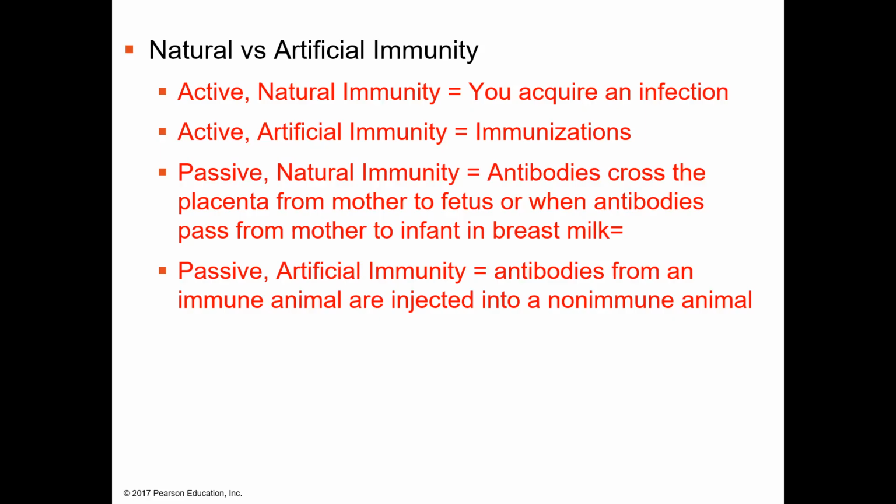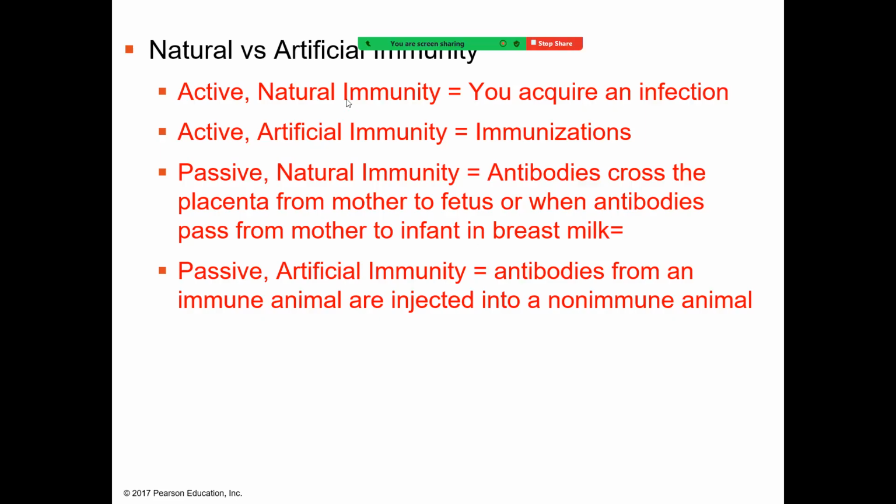This can be done not only by taking antibodies from a person who has been healed or cured or is not sick anymore, but we can also create these monoclonal antibodies in animals as well. And we can isolate it from their plasma, from their blood, even sometimes from the milk. You can genetically engineer animals to pass it through their milk. And then we can give those to people that are very sick, and it can help to keep them alive while their body works to fight off the infection as well.